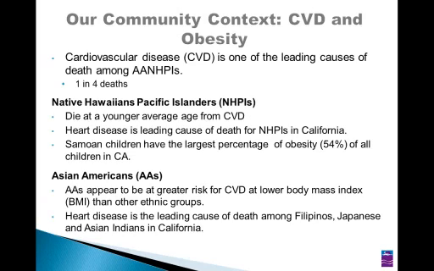But when data is disaggregated and broken down, as you can see in this slide, to say Samoan, Filipino, Japanese, Asian Indians, we find exceptionally high rates of CVD. This has been a long-time concern in this community, and we're devoted to changing this norm as quickly as possible.